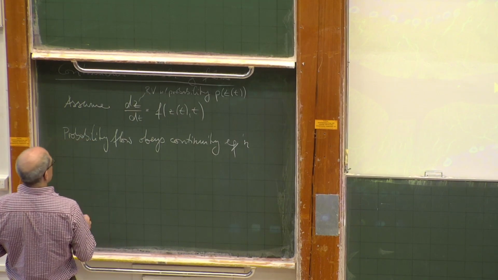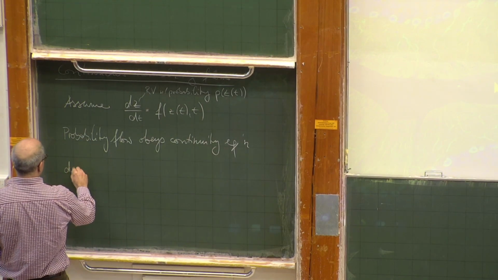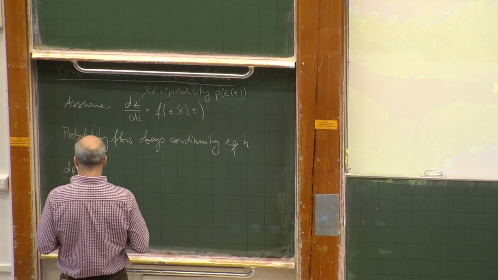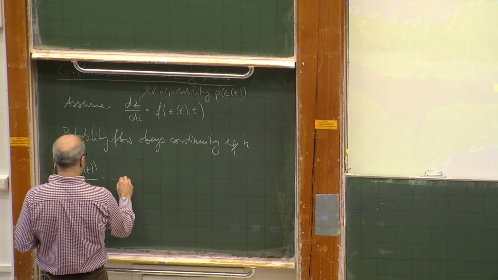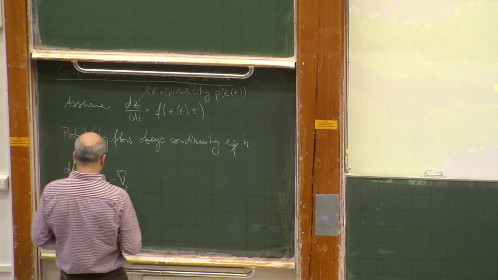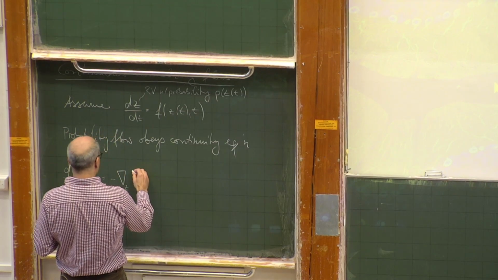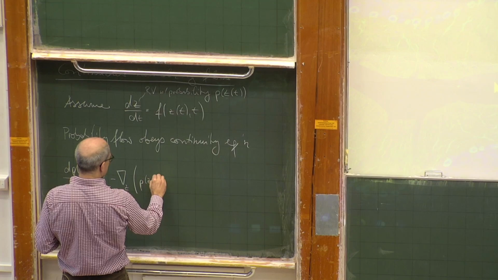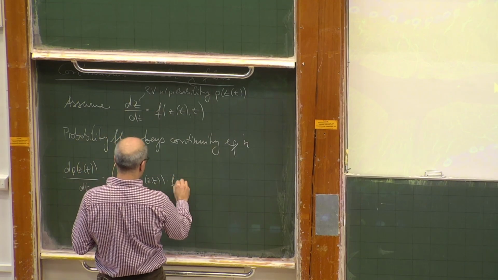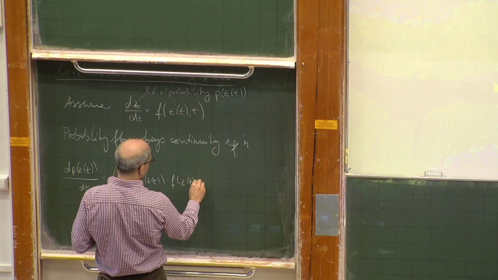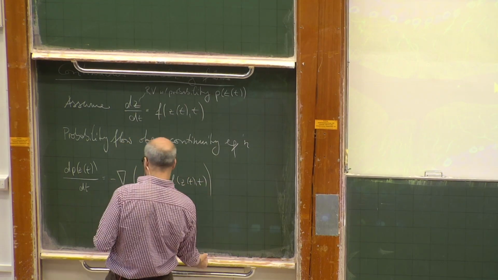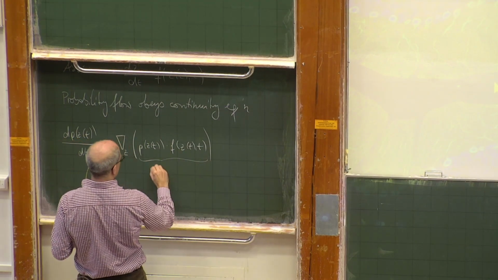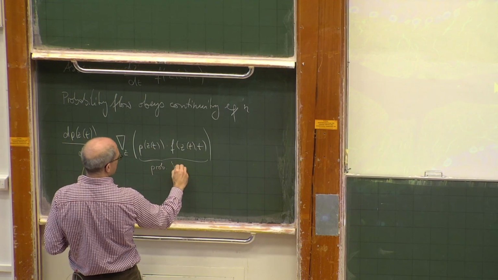And so the change in probability is given by minus the divergence of the probability mass flux. So we have p of z of t times f of z of t and t. So probability, I'm putting mass in quotes here.